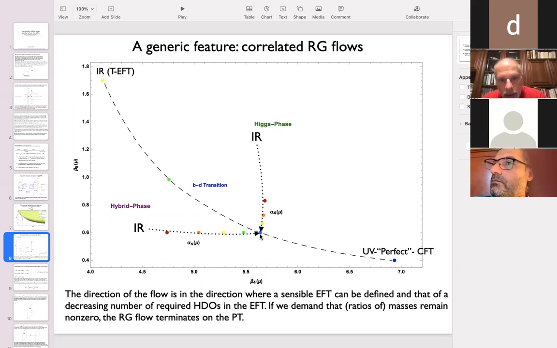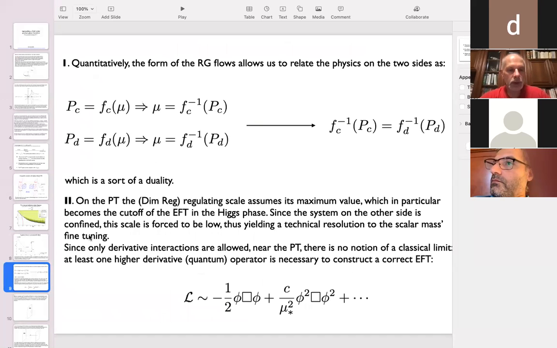And that determines the cutoff on the phase transition, which in turn is the cutoff of the theory in the Higgs phase. So if this cutoff is forced to be low by the confined phase, then the Higgs phase will have an effective field theory description with a low cutoff, which is also something that you can't generate easily in quantum field theory.